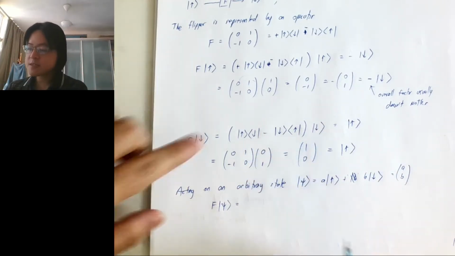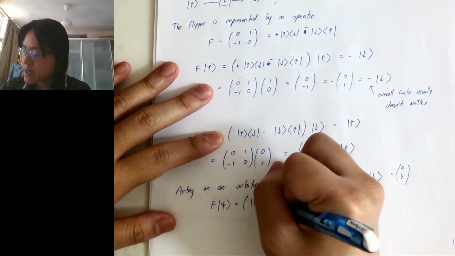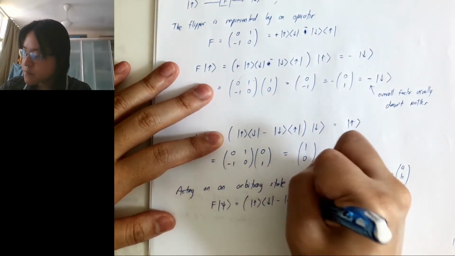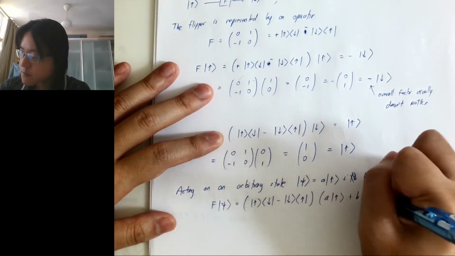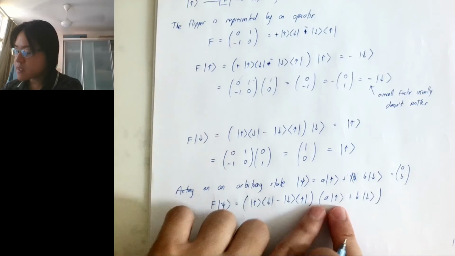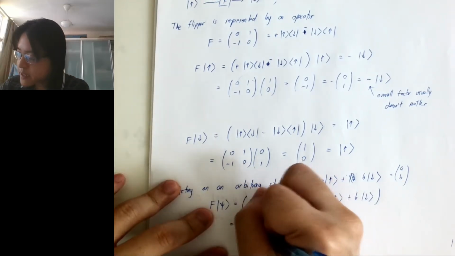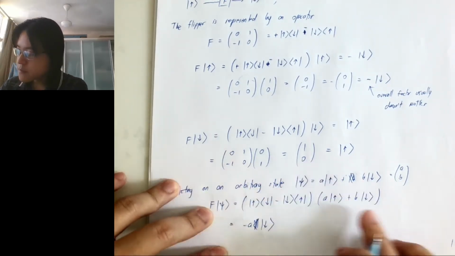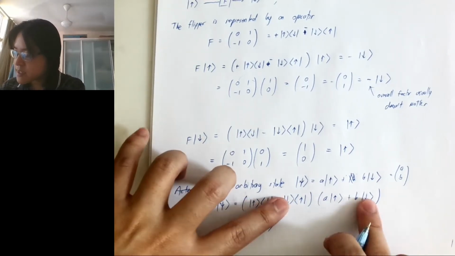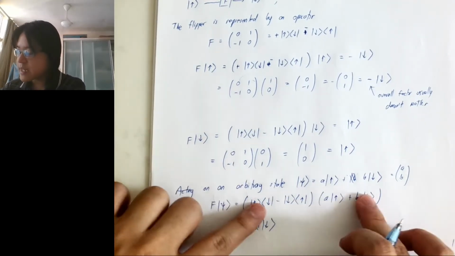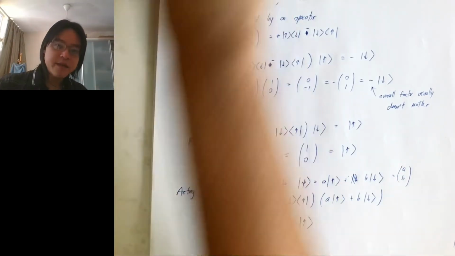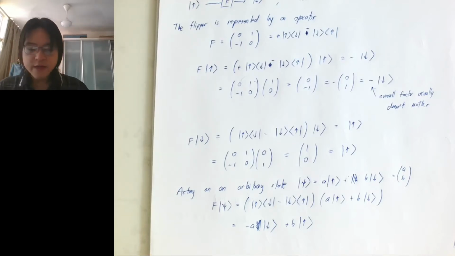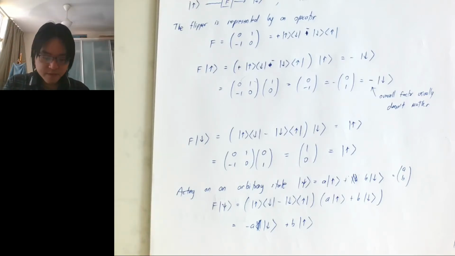So let us practice the operator way. So it's the ket bra up down minus down up, right? And then I want to act on this state. So for the first term, the up times this, I got a minus b down, right? And then the other term, this times this will get 0, this times this, the down will disappear, and I've got a up, right? So when you act on an arbitrary state, this is what you will get. Okay, so this is pretty straightforward. Okay, so yeah, that is the flipper operation.